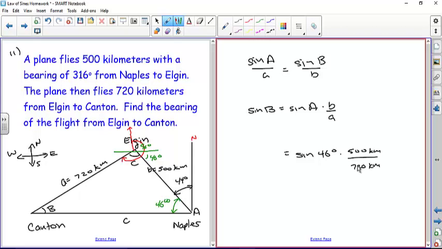And you see the kilometers cancel out, so there's no units there. So we get the sine of 46 times 500 divided by 720.